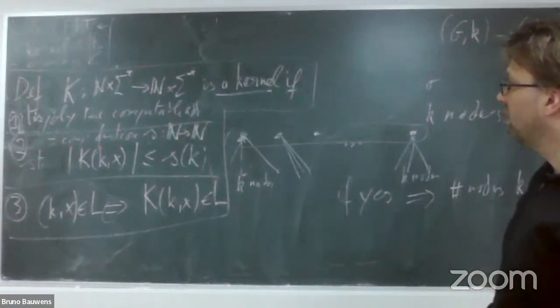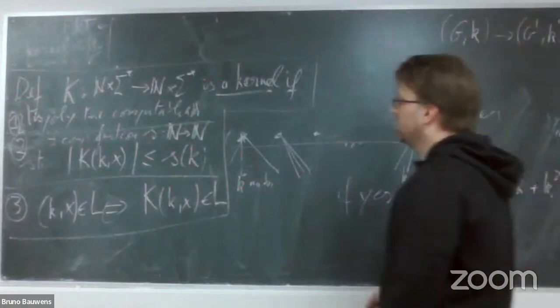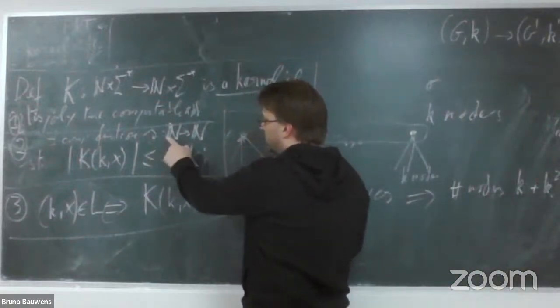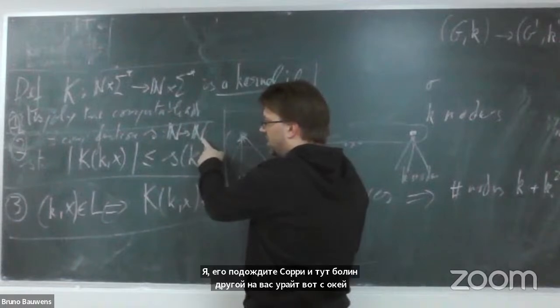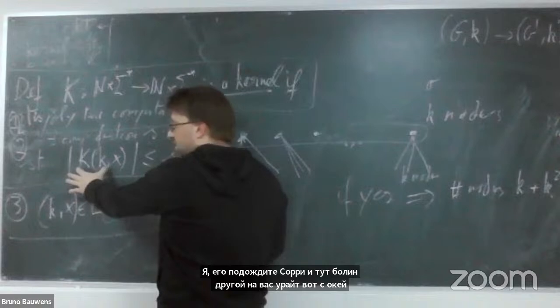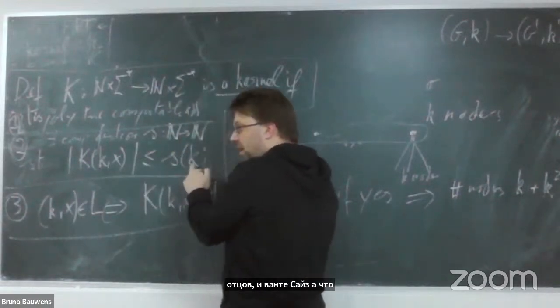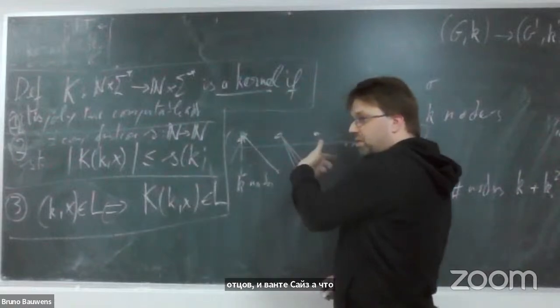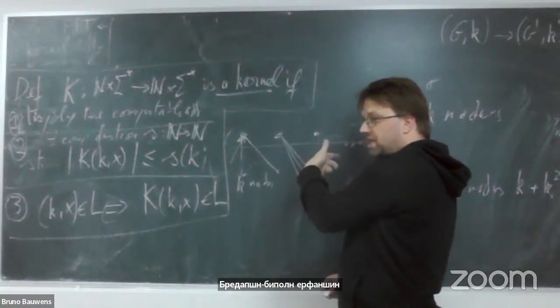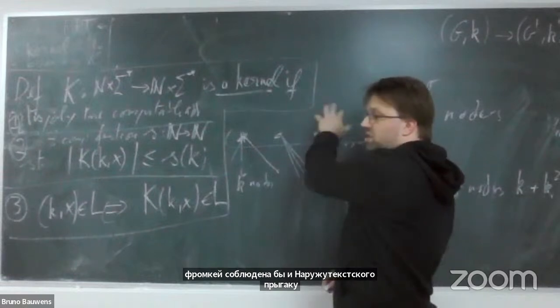What's S of k? It's just some computable function from natural numbers to natural numbers. We want the size after the reduction to be only a function of k. Remember, in our vertex cover example, we had k squared for the size because of the third rule.